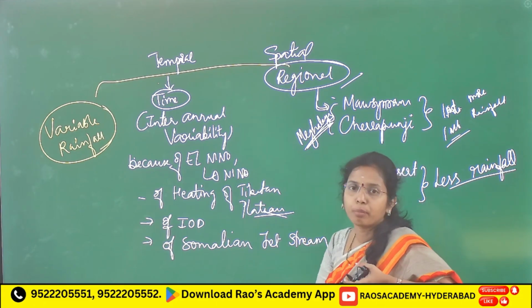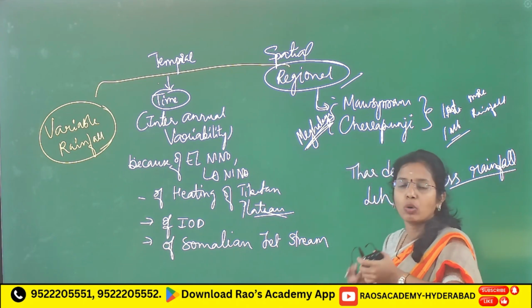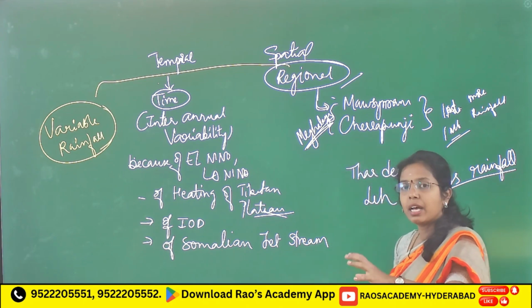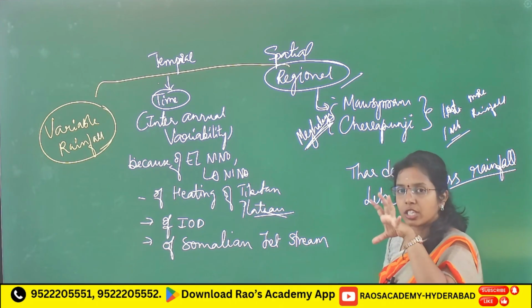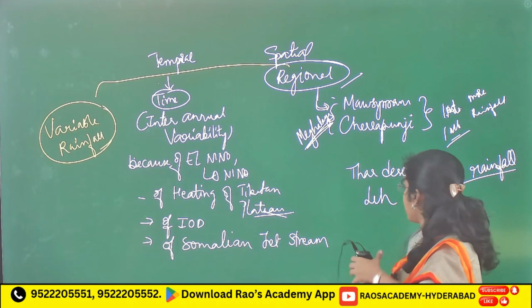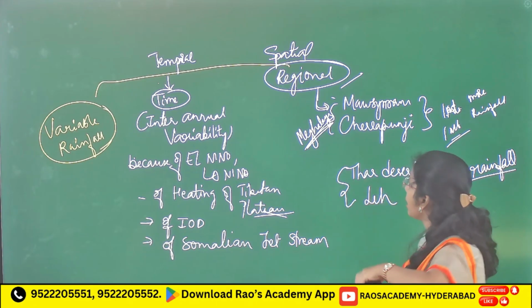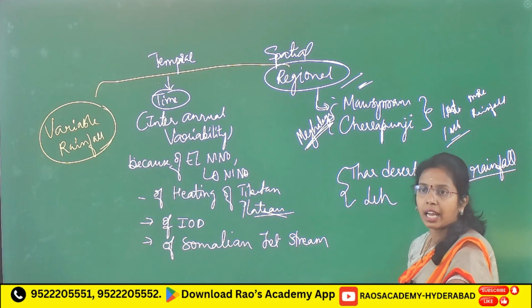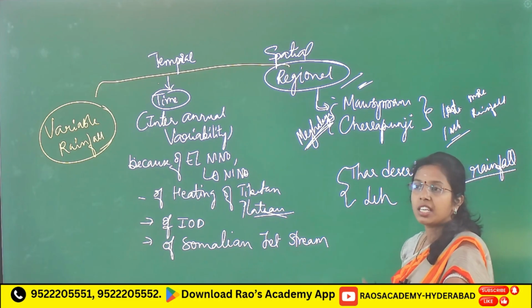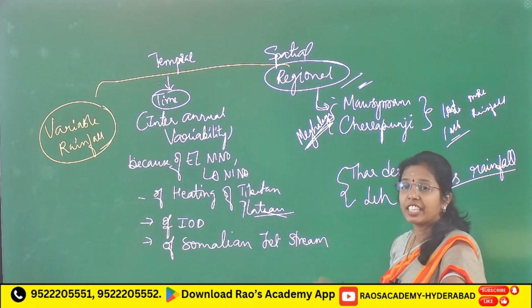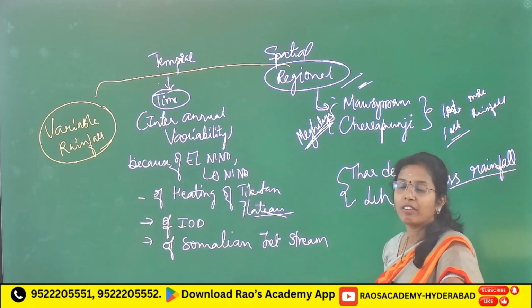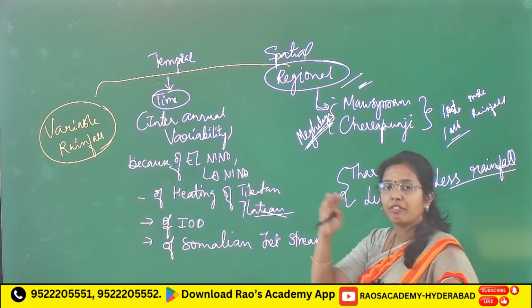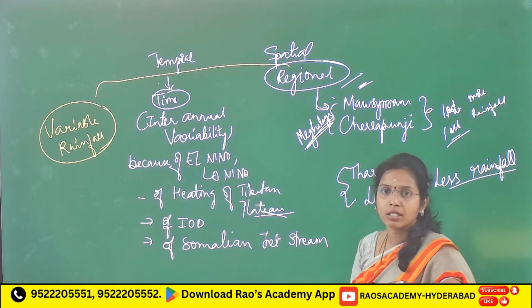The carrying capacity of that cloud is less, and the moisture inside the cloud is less, so you will see less rainfall in the Thar desert or Leh region. That means we will see spatial variation in Indian climate. Inside India, because of this spatial and temporal variation, we have seen different types of physiographic divisions.